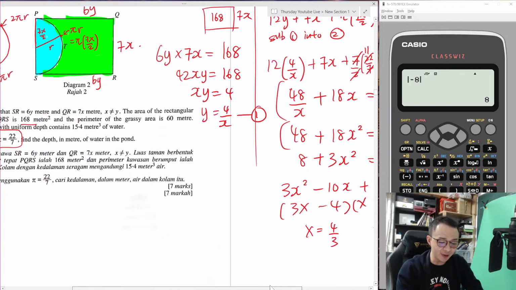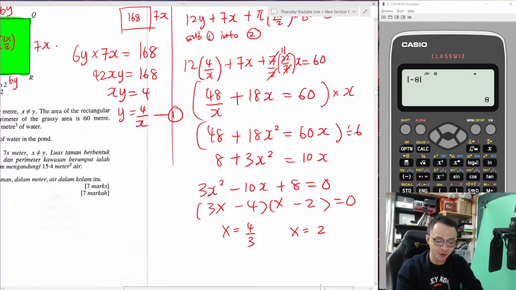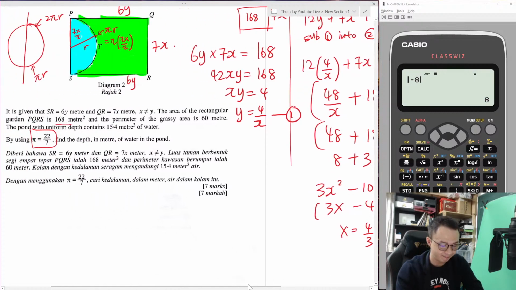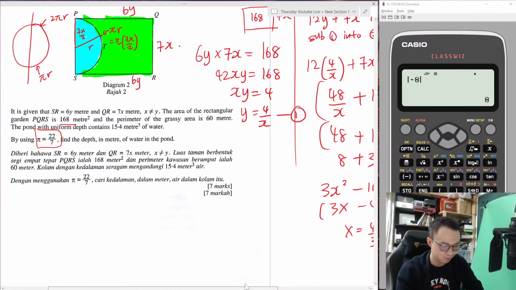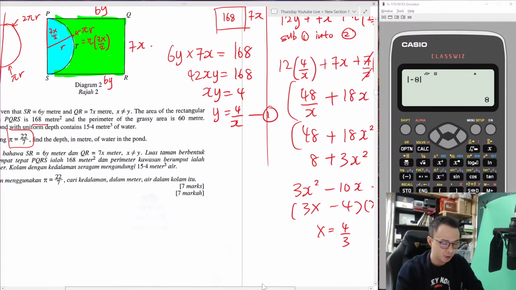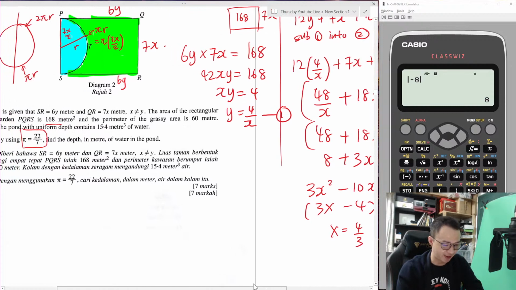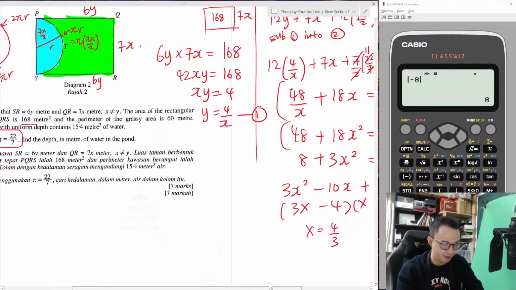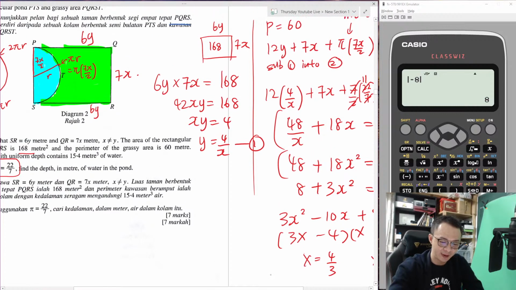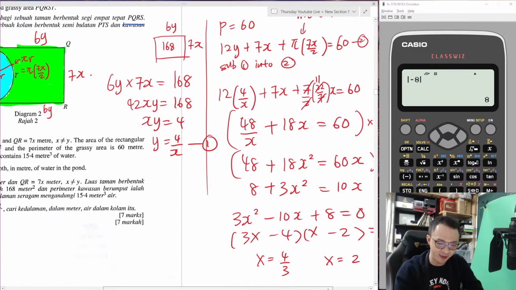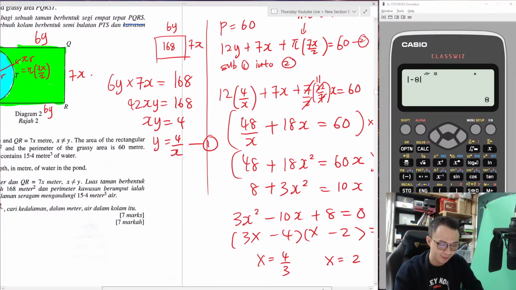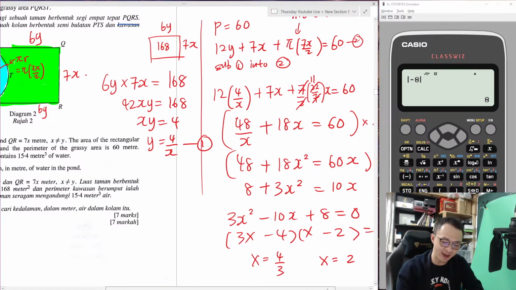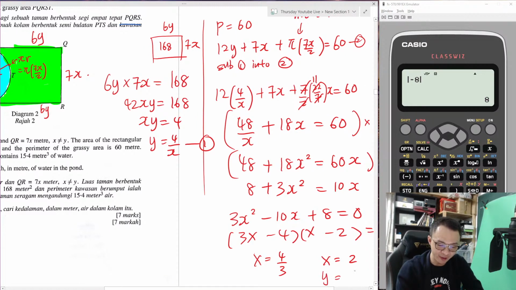Okay, so based on this question, which one should we choose here? I think both answers should be fine, isn't it? Let's try the values. Let's assume x is 2. My y will be 4 over 2, which is 2.